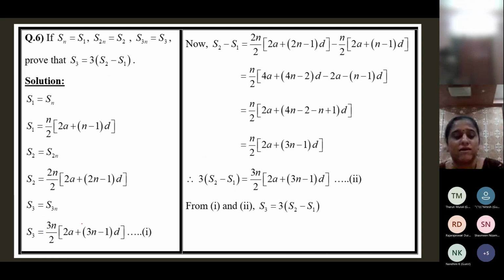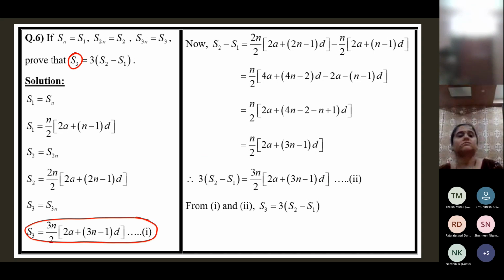So now I've marked this 1 and 2. In 1, what do you see? S3 is equal to this one. And in 2, what do you see? 3 times S2 minus S1 is also the same thing. So from 1 and 2, S3 is equal to 3 times S2 minus S1. We have S3 already, and now we have worked out 3 times S2 minus S1.